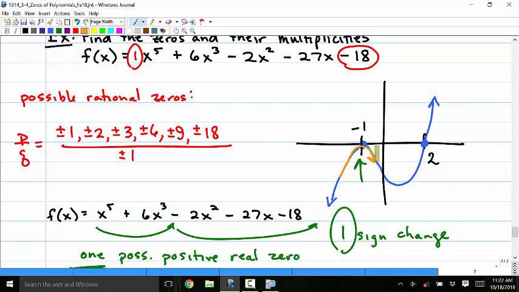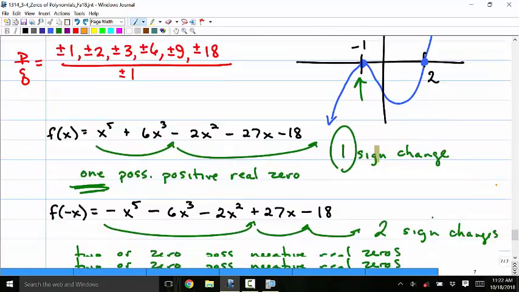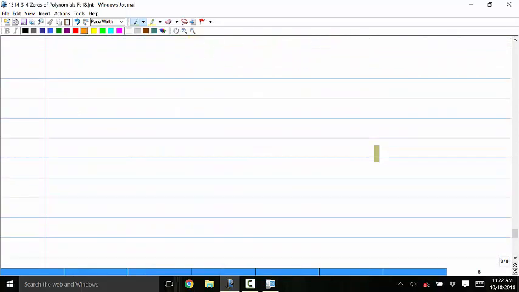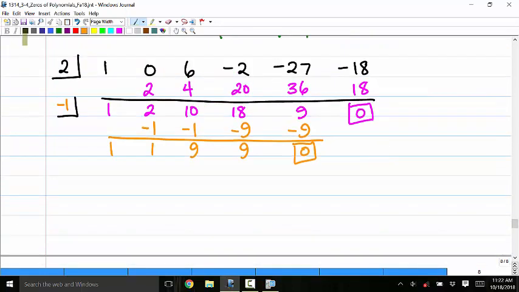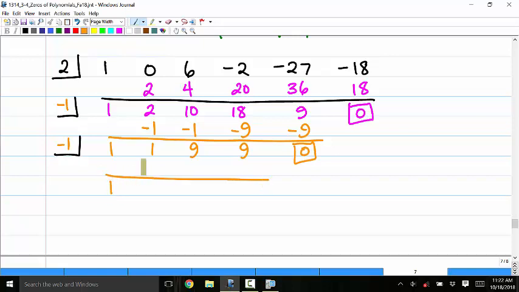So we know that it has to have even multiplicity, meaning that we can pull it out again. Drop the 1, negative 1, 0, 9, negative 9, 0. Yay, it worked again.